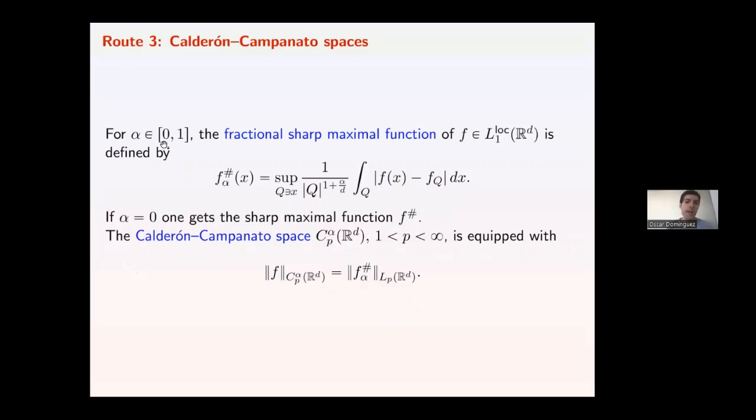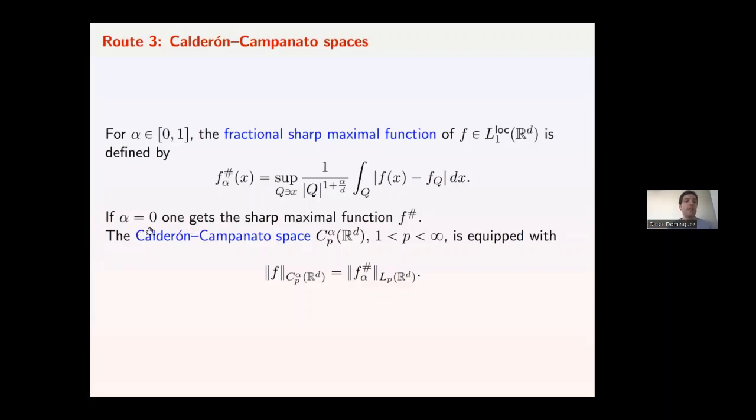The definition relies on fractional sharp maximal functions. Here alpha is between 0 and 1, and we can introduce the fractional sharp maximal function as the supremum over all cubes containing the point x, and then we consider the fractional variance of mean oscillations.